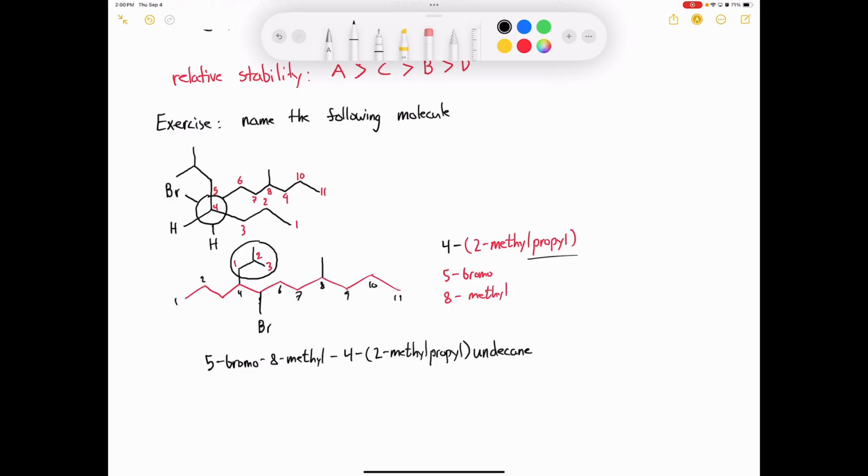Is this the study or something? No, this is like a breakdown of nomenclature. So here is your isopropyl, or you can number this.